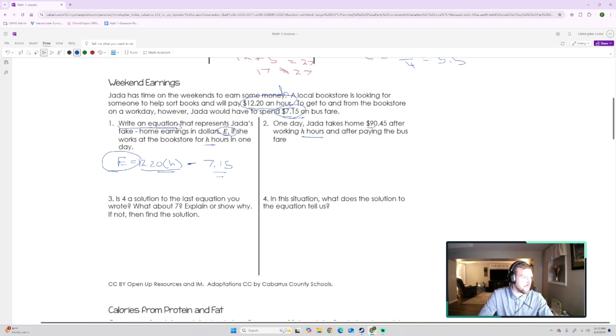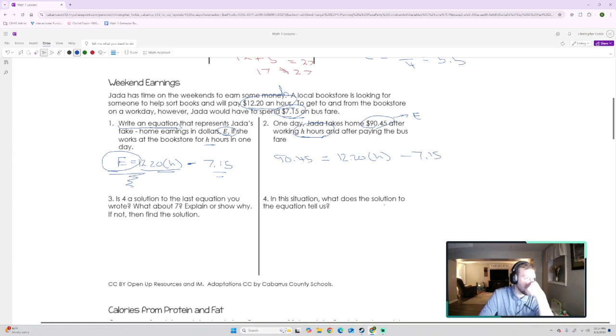All right. Well, 90.45 is how much she has earned, so we're going to make that our E value. All right, and we don't know how much she worked to get that, so instead of writing E like we did in number 1, we're going to write 90.45 equals, and then the $12.20 per hour, all right, minus the $7.15 bus fare.